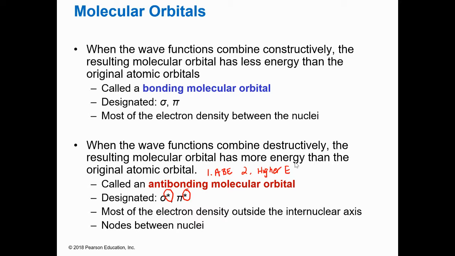When you have bonding, you have most of the electron density between the nuclei. So what do I mean by that? Remember, I've already written once that when hydrogen bonds, the bond is going to look more like this weird eclipsed thing, right?